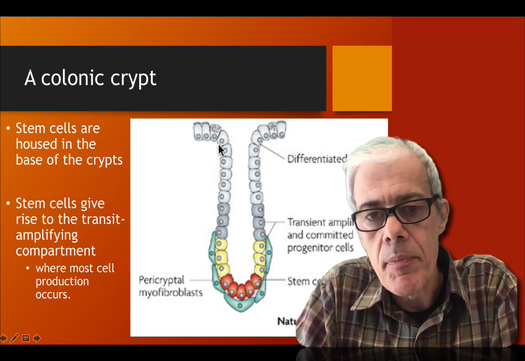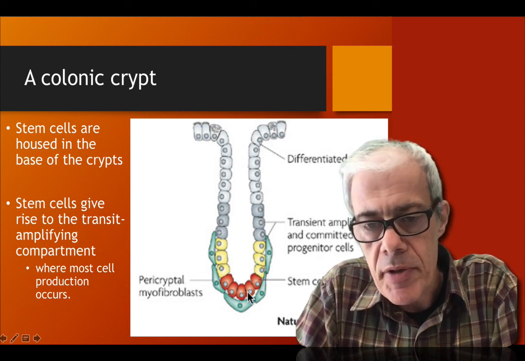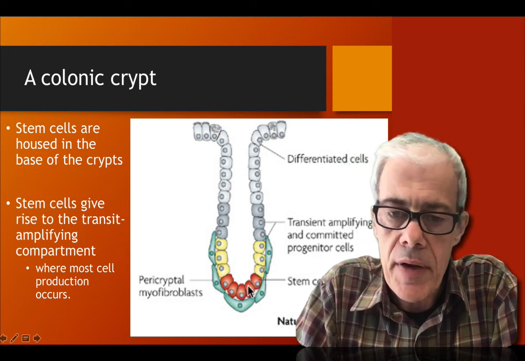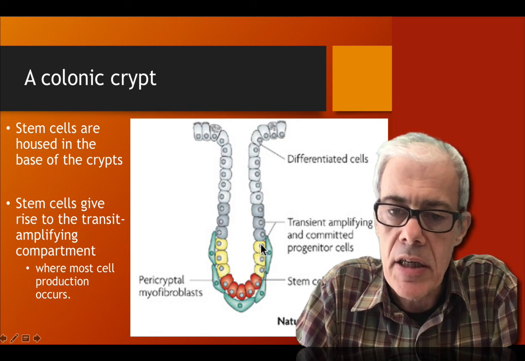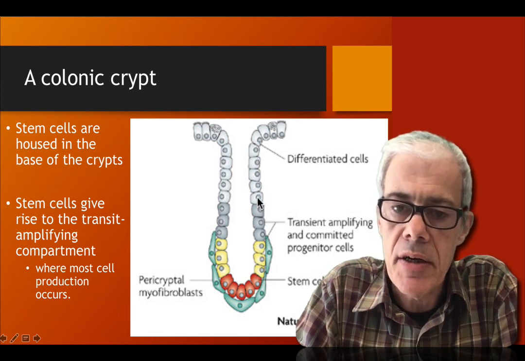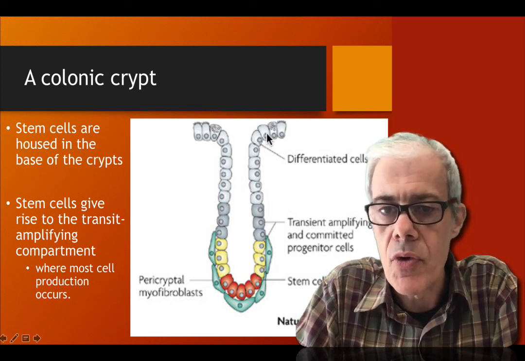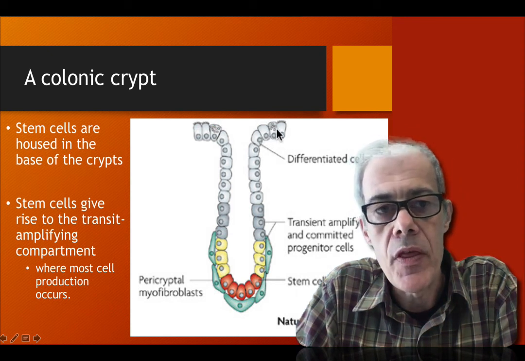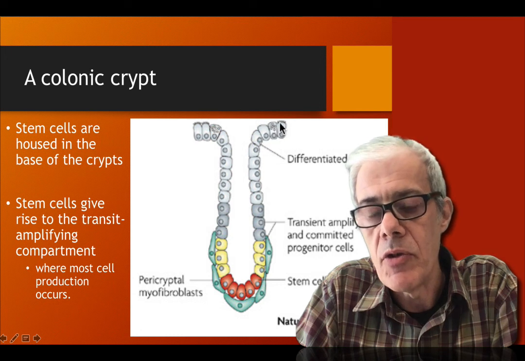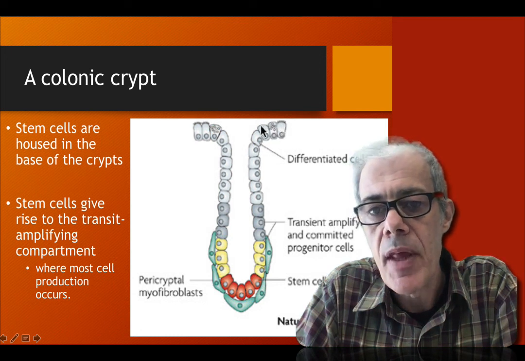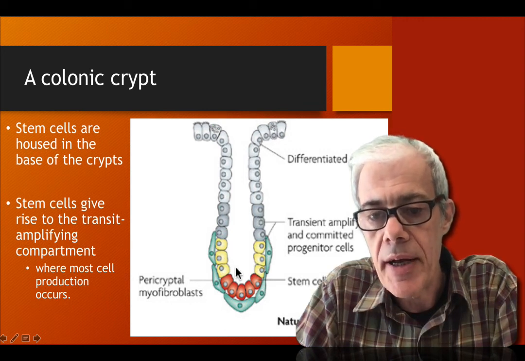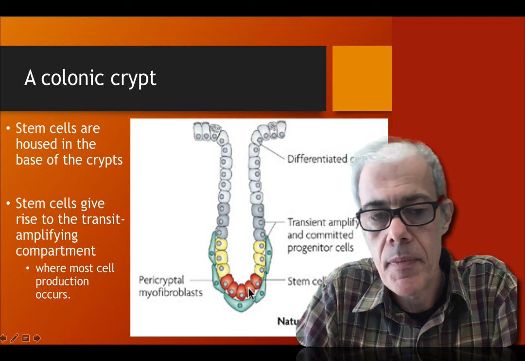At the base of the crypt are the stem cells, which are proliferating rapidly to give rise to these cells here, which move up through to the lining of the colon, and nutrients are absorbed through these cells. These cells wear out and are constantly being replaced by new cells being made from these stem cells.